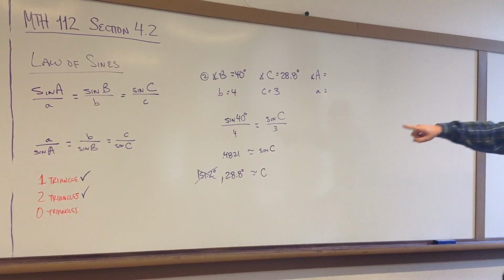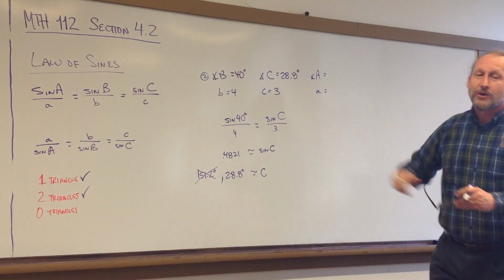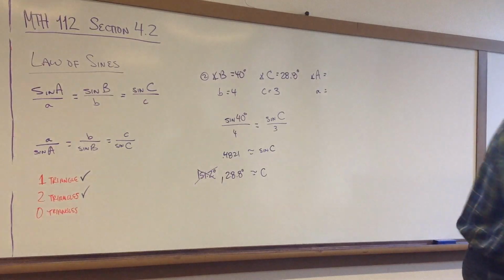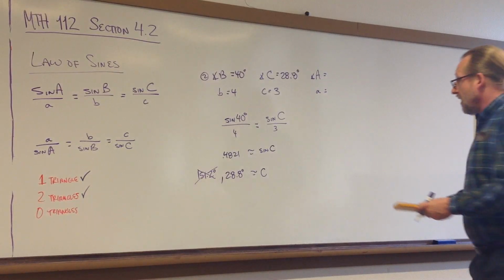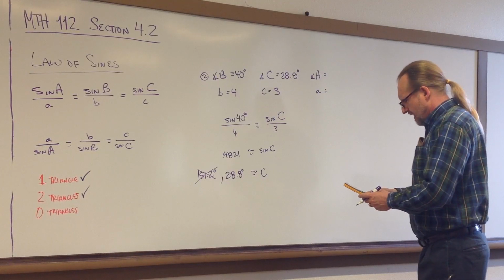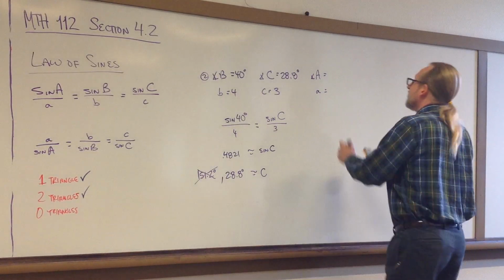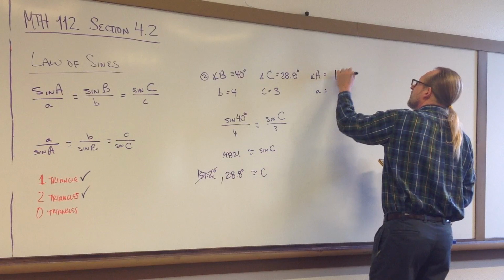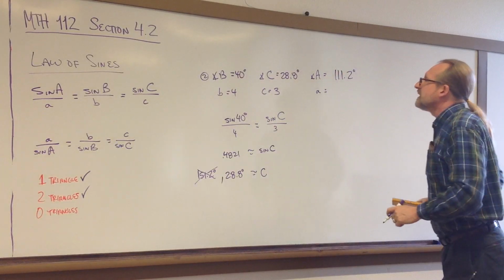All right, so we've got two angles. We know we're only going to have one triangle to work with. So we add up the 40 and the 28.8, and that would make angle A 111.2 degrees.